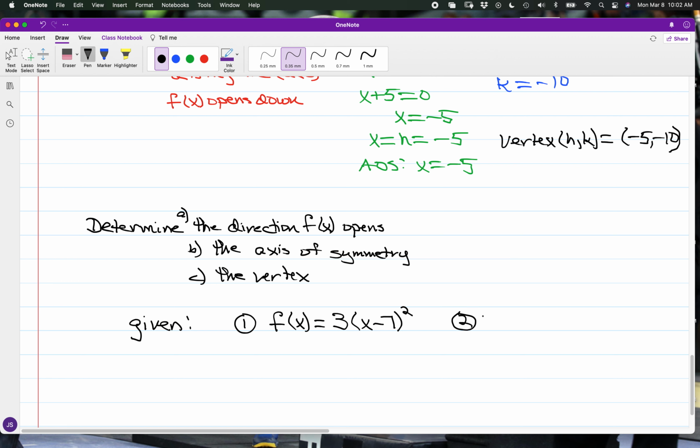And also with the other function, we'll say we have f of x is equal to -2 times the square of x plus 6, plus 25. For the next few minutes, let's see what direction the graphs will open, as well as their respective axis of symmetry and vertex.